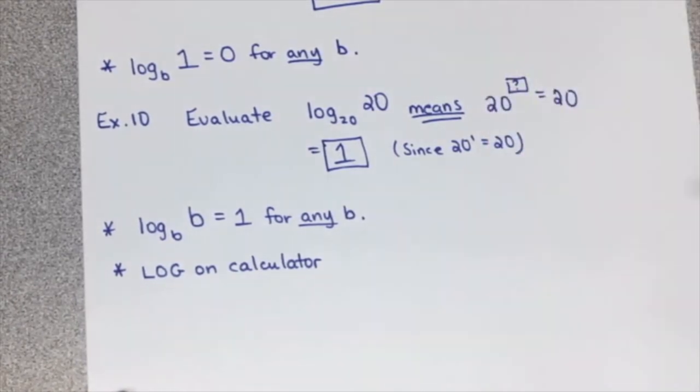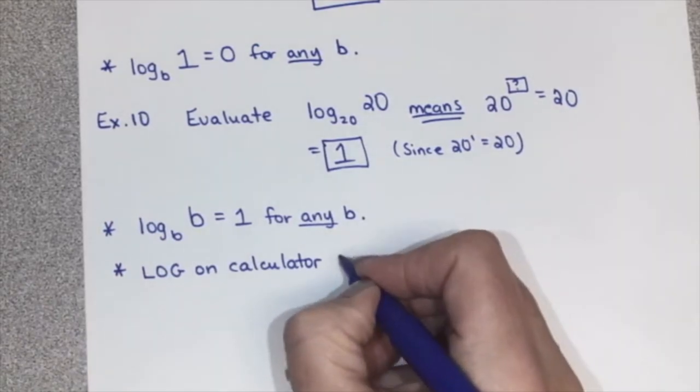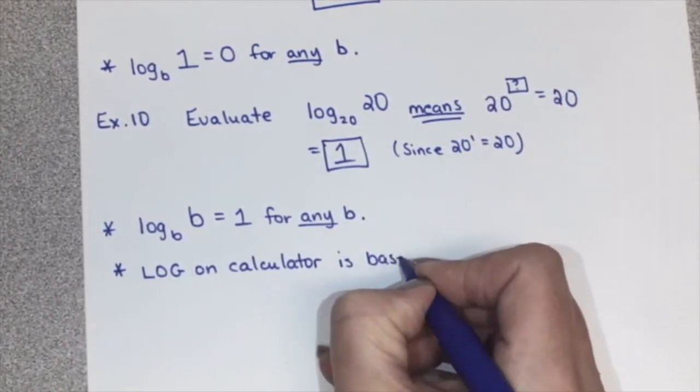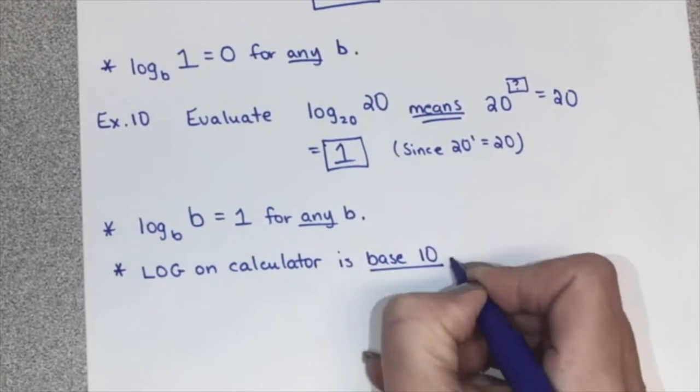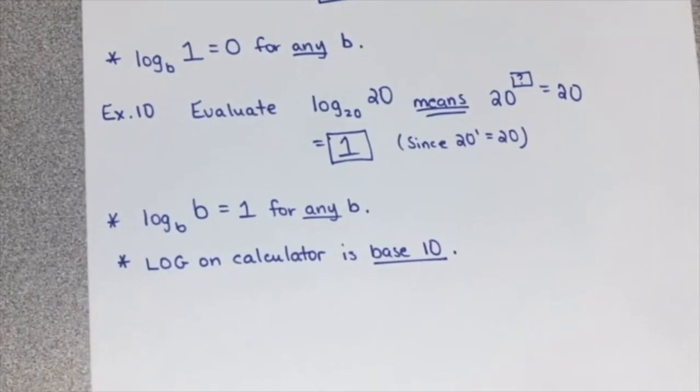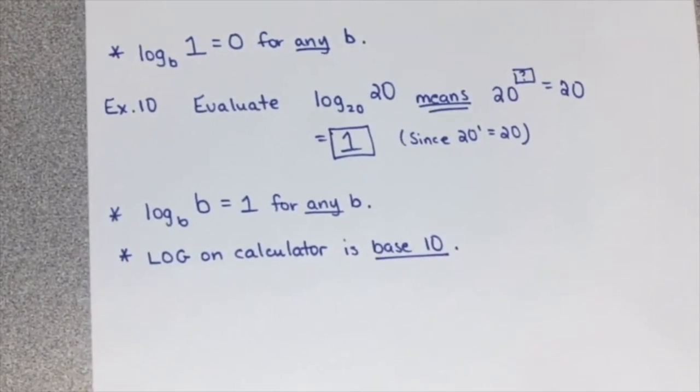The LOG button on the calculator is in base 10. So if you try to punch a regular, like a log base 3 in the calculator without changing the base, which some of the newer calculators allow you to do, it's not going to give you the answer you expect because it's going to be doing powers of 10.